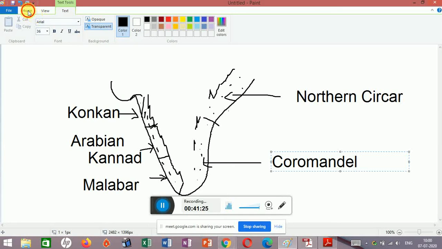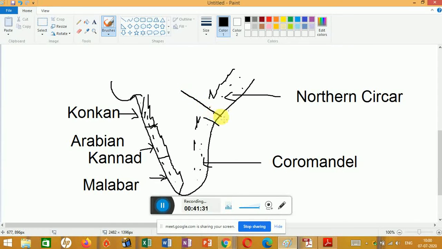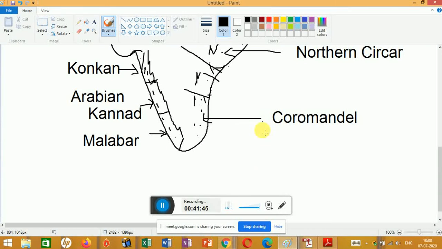One more thing you have to know is that the rivers flowing here, for example this Godavari, form a delta. Mahanadi river also forms a delta. Likewise, other rivers, Kaveri and Krishna, also form deltas. Do you remember what a delta is? This is a coastal area, and a river is flowing down here.